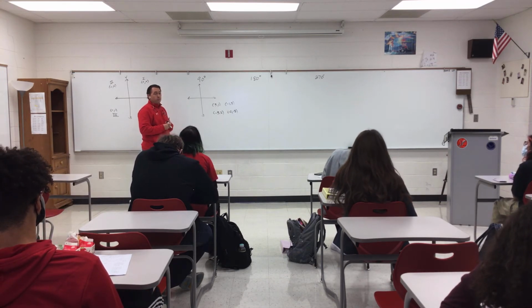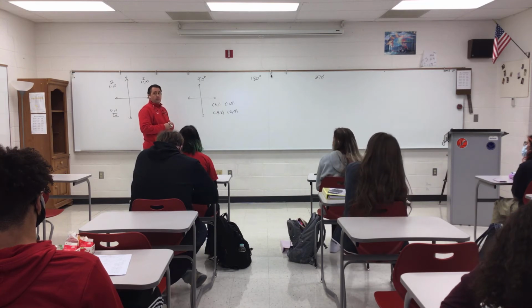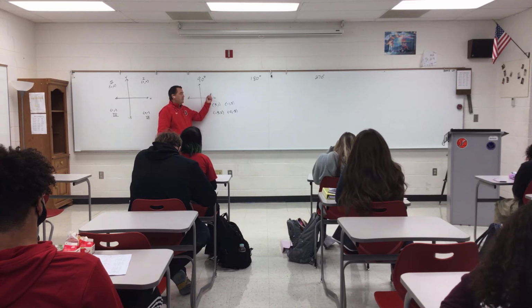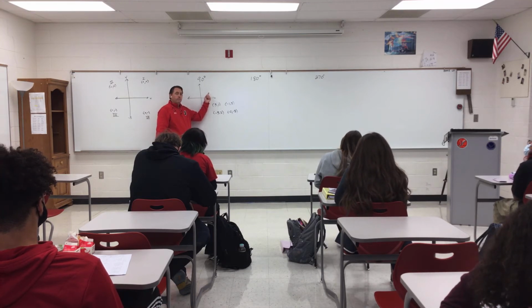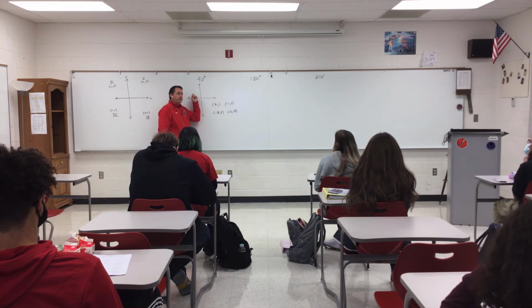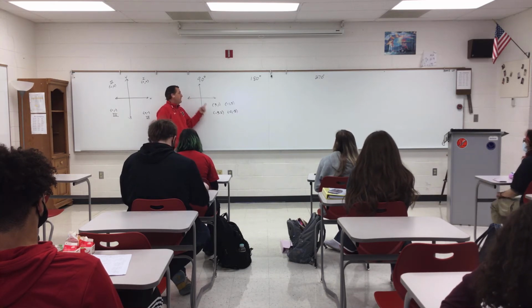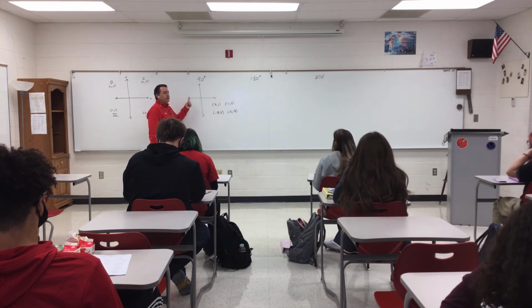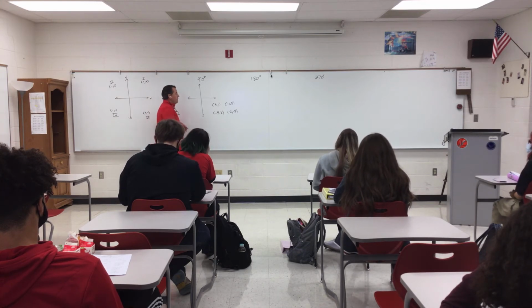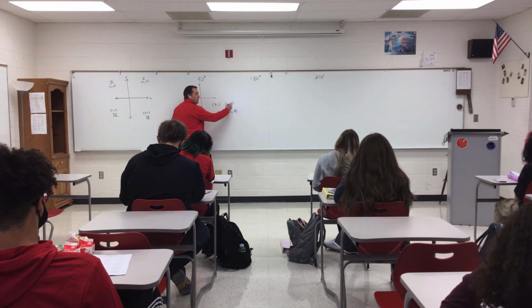You can memorize the rules, which is what I encourage everybody to do. But if you're a visual person, if you know that (3, 1) is in the first quadrant, where does my new point have to be? In the second quadrant. Does that make sense? If I know this one is in the second, when I rotate 90, it's got to be where? In the third. Okay? So what are my points doing here? They're changing places, aren't they?